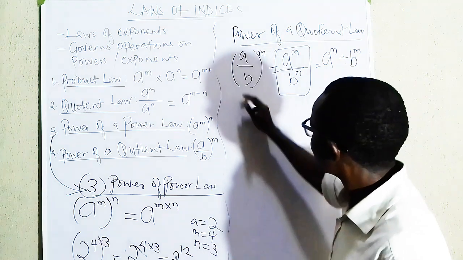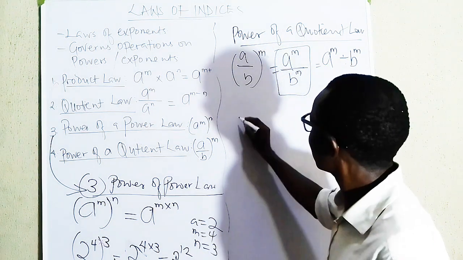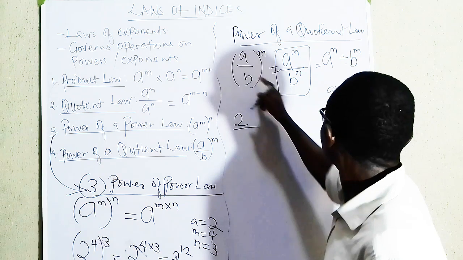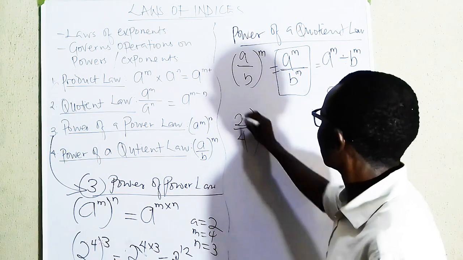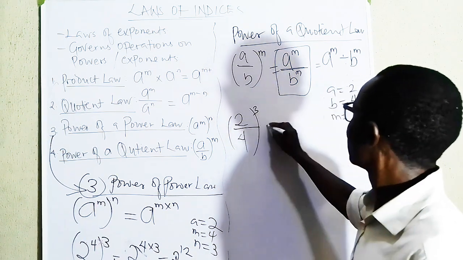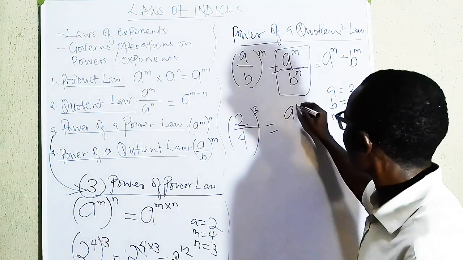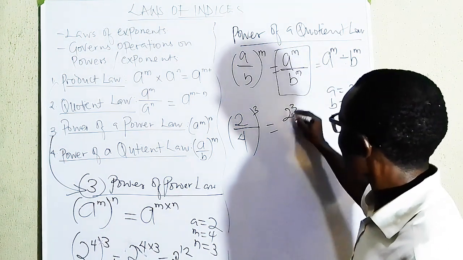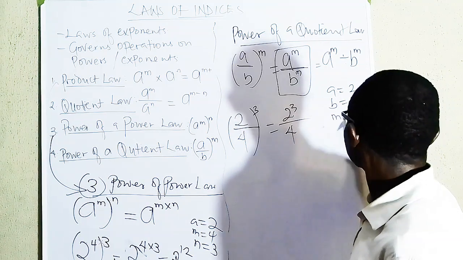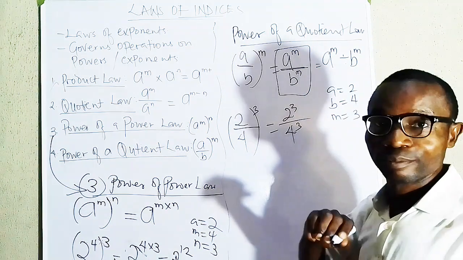What we'll have here is a, which is 2, all over b, which is 4, all raised to the power of 3. If we solve this, it's going to be 2 raised to power 3 all over 4 raised to power 3.